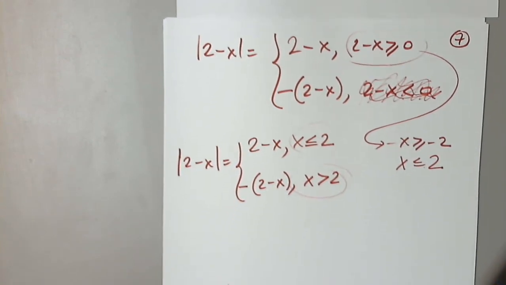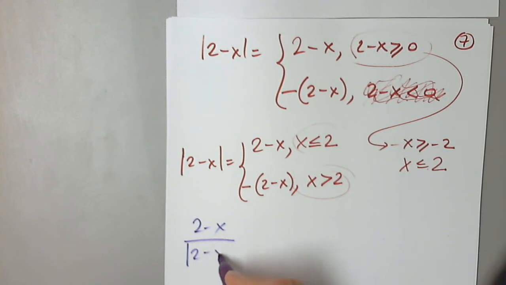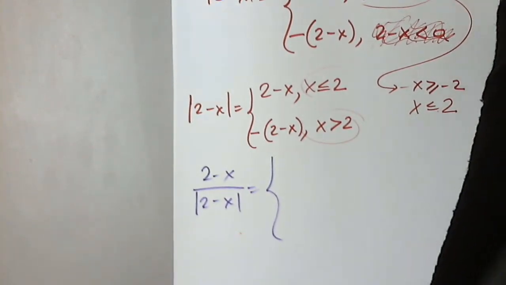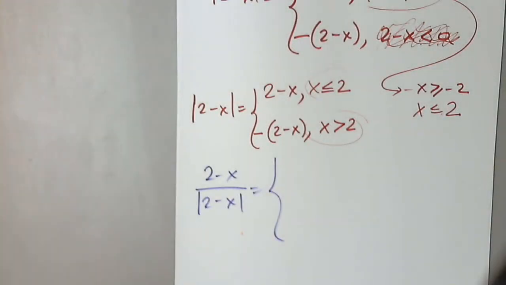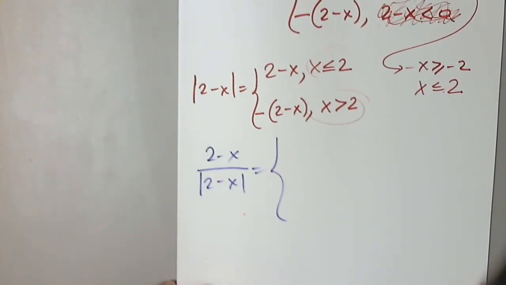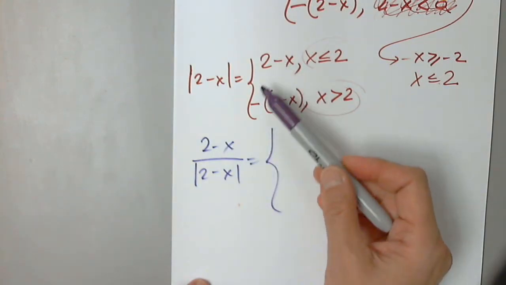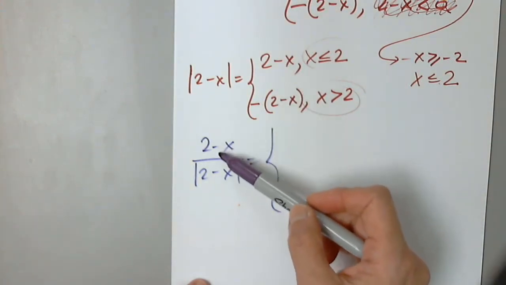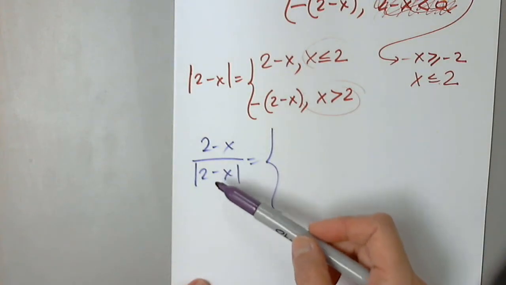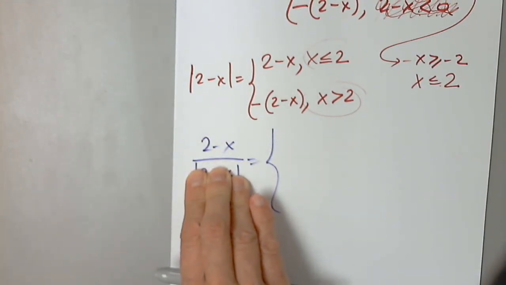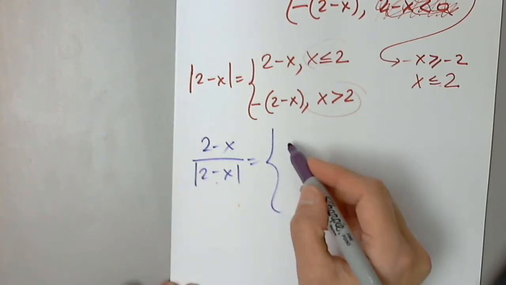Okay, now we put together 2 minus x over the absolute value of 2 minus x, and we know we're going to get two options. Can anyone give us those two options? This over this. This over this. So this now is this quantity in the denominator. What do we get? 1.